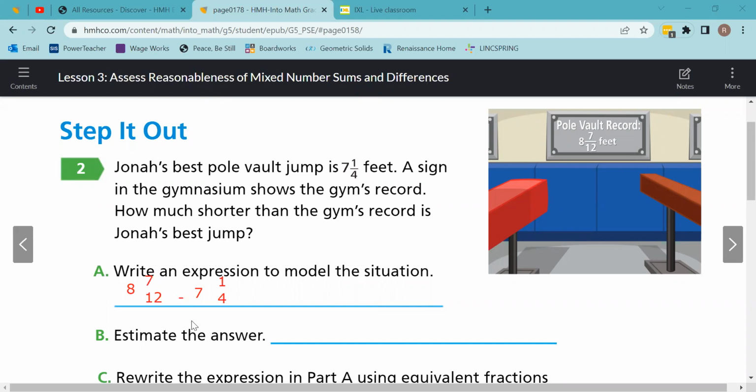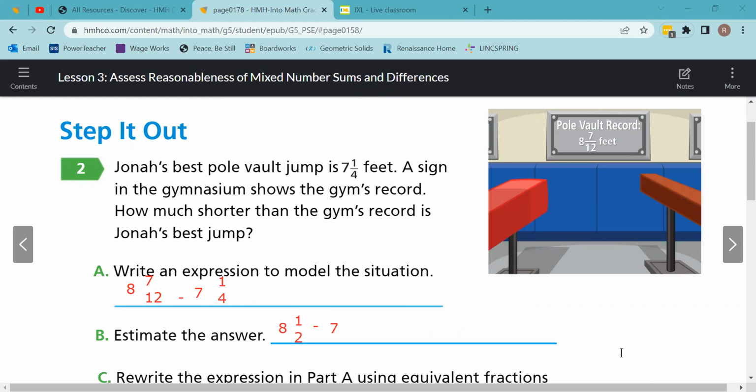Estimate the answer. Well, 8 and 7/12 is quite close to 8.5, because half would be 6 out of 12, right? See how important knowing your math facts is. So it's roughly 8.5, and we're taking away basically 7. 1/4 is right between 0 and half, but we'll knock it down to a 7.